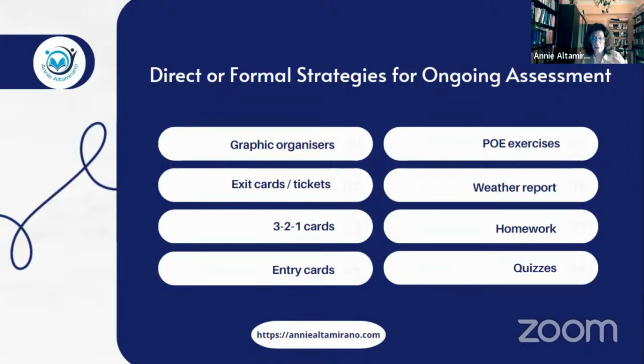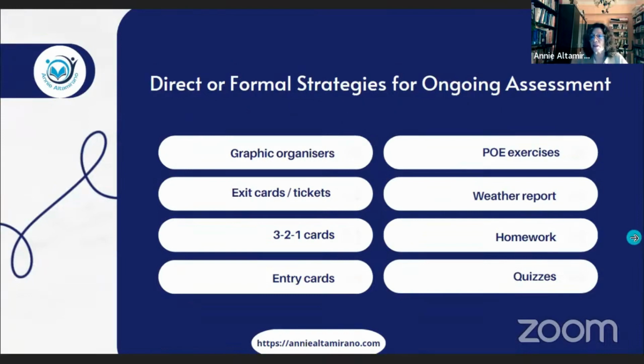Also, we can review or assess the work according to pre-established criteria to determine the student's proficiency in the topic or question. We can use exit cards or tickets. We can use 3-2-1 cards. We can use entry cards, exercises, weather report, homework, and quizzes.